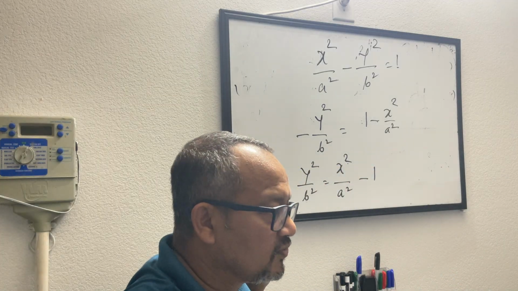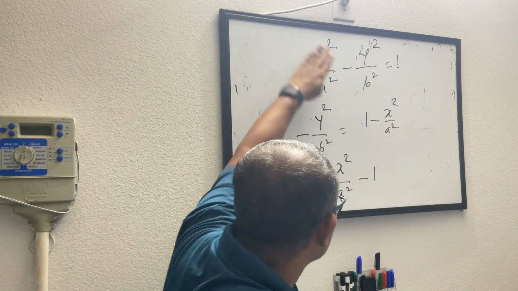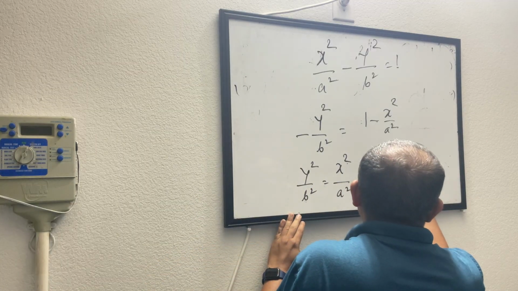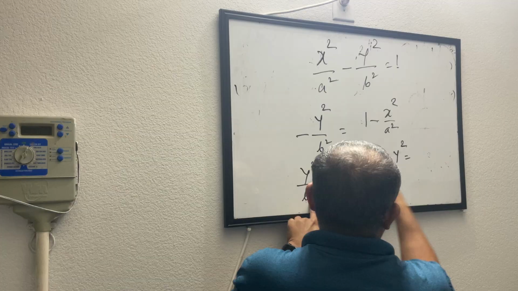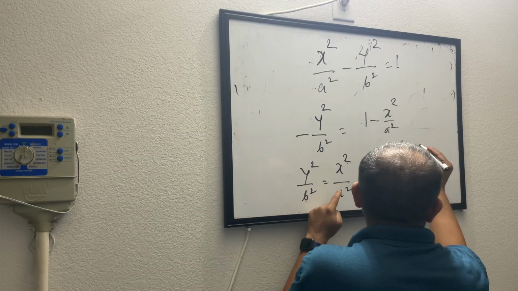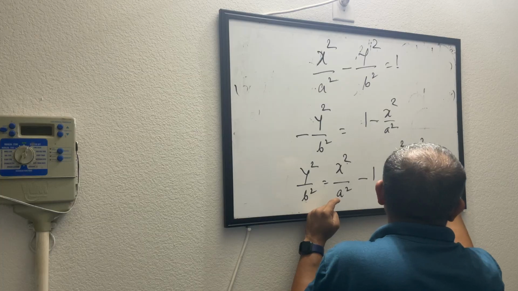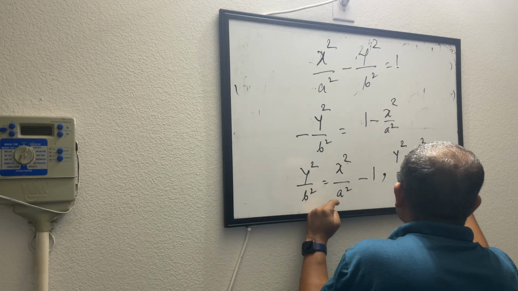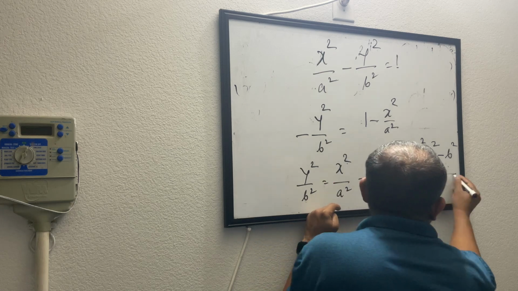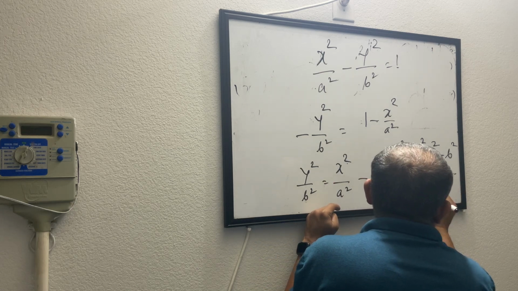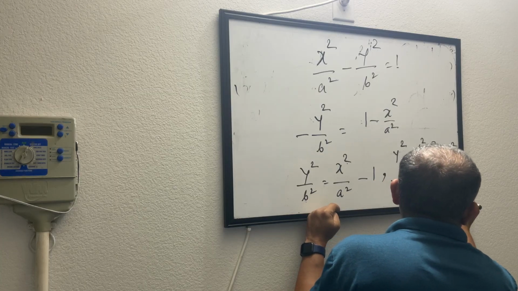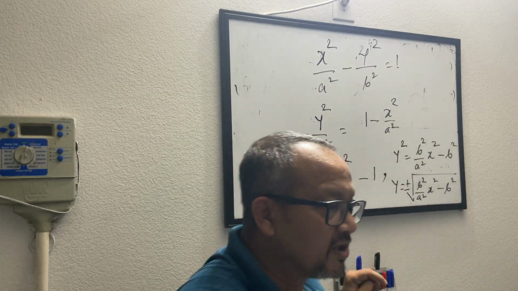So far I have done nothing fancy, I have just tried to simplify it. From this we get y squared equals b squared by a squared times x squared minus b squared, or y equals the square root of that. Up to this much, okay?